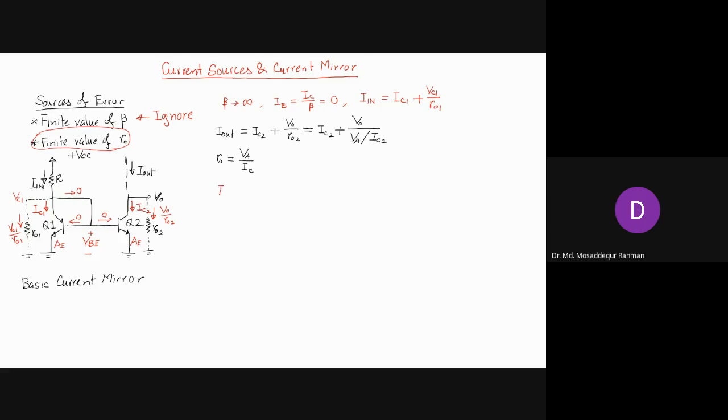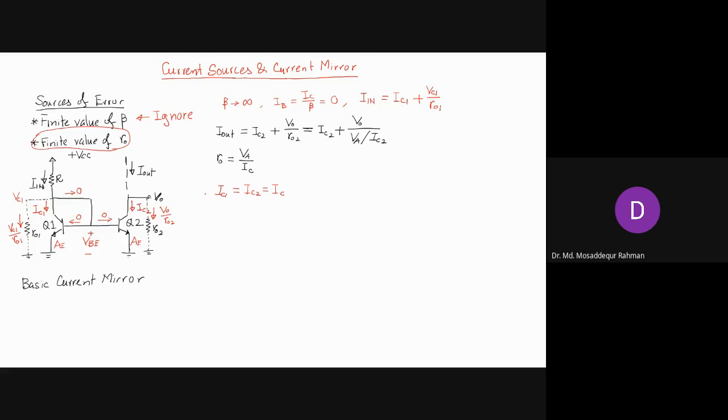So the two collector currents are the same, IC1 equals IC2, and we put them as IC.